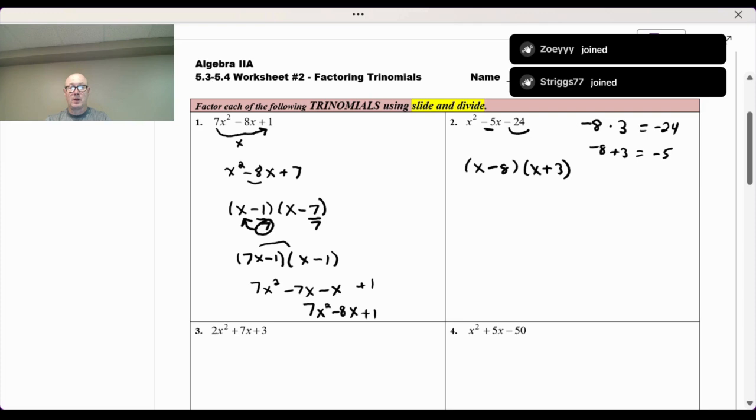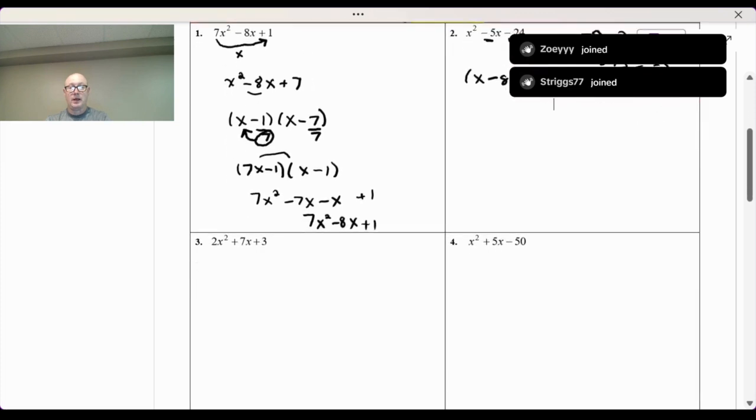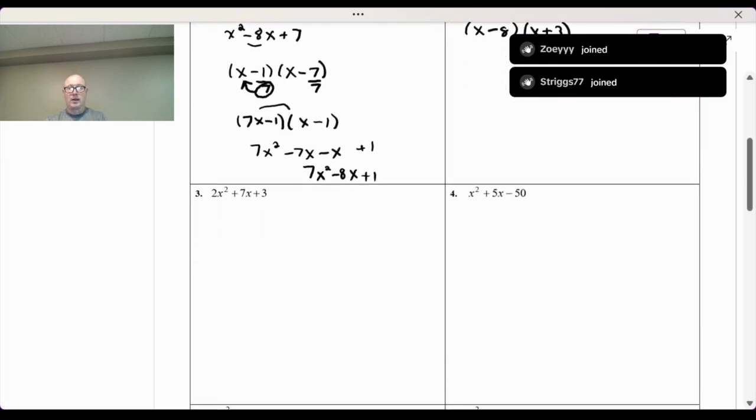Okay? All right, so number 3, again, we're going to use slide and divide when the initial term in front of the squared is not a 1, so it's a 2. So we're going to do slide and divide here. The slide part is you take that 2 and multiply it by the 3, so that leaves us with a 1 out front.